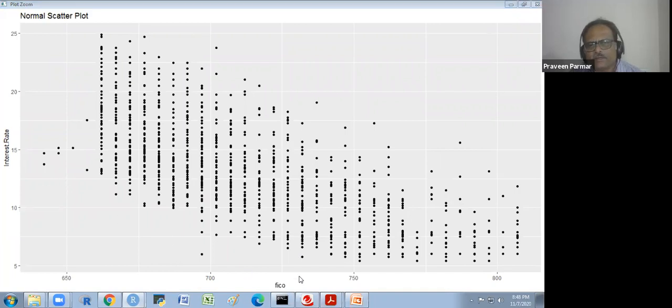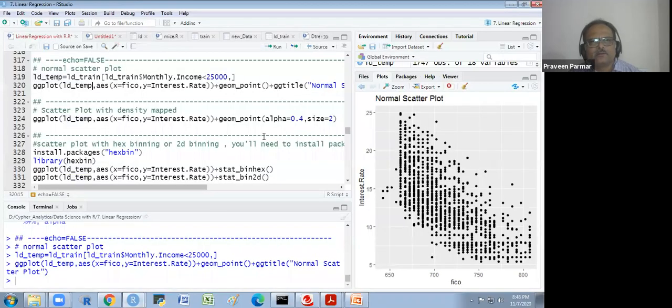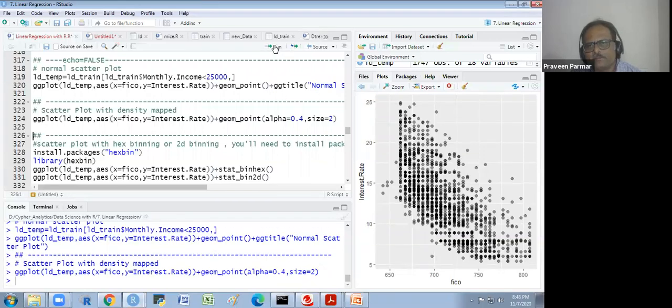As the FICO range increases, the interest rate decreases, you see here. So that is the correlation. You could get the correlation also. The density map I have done here. It's the ggplot with alpha geom point.